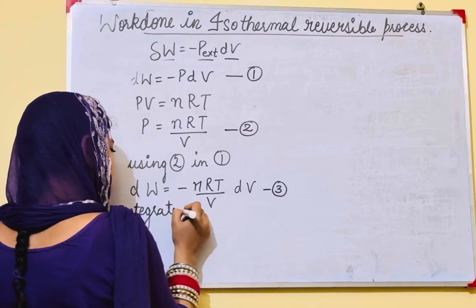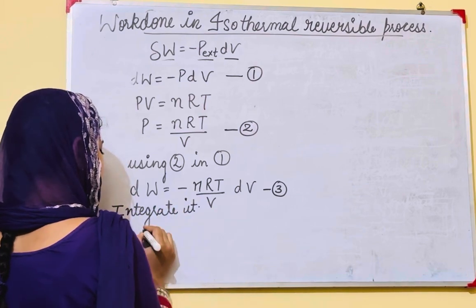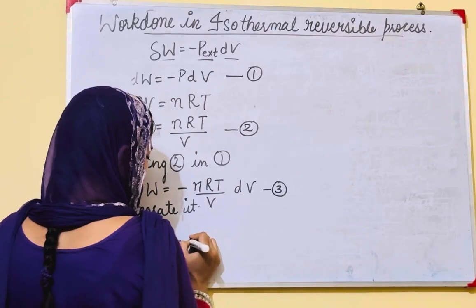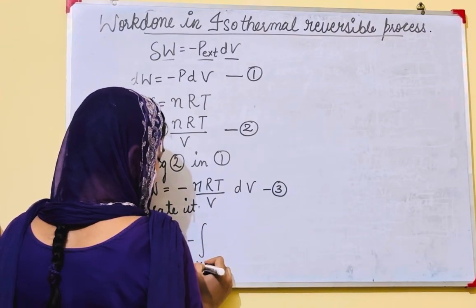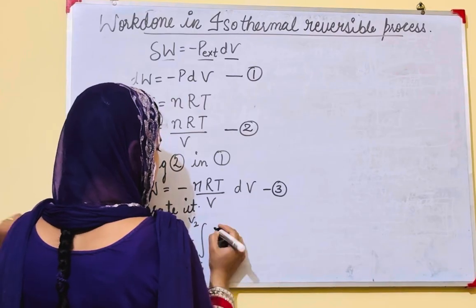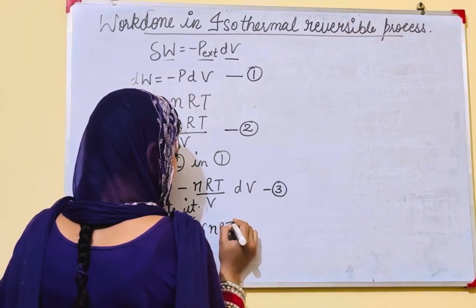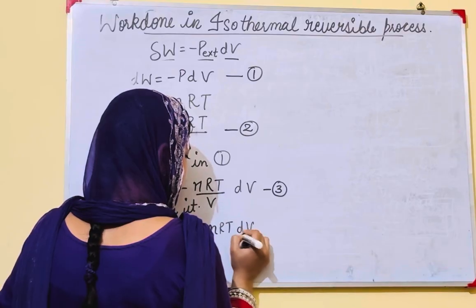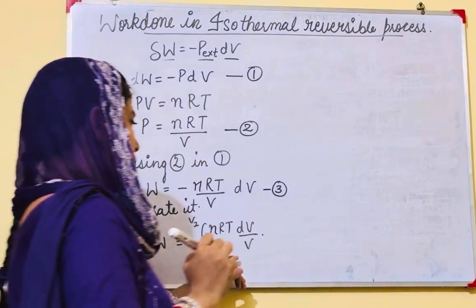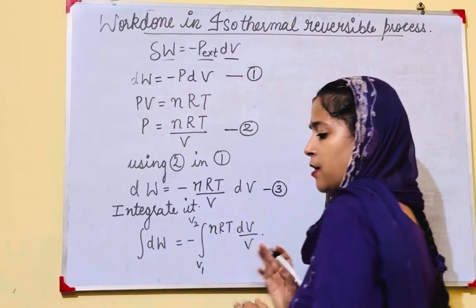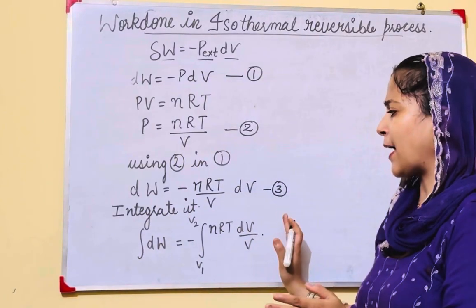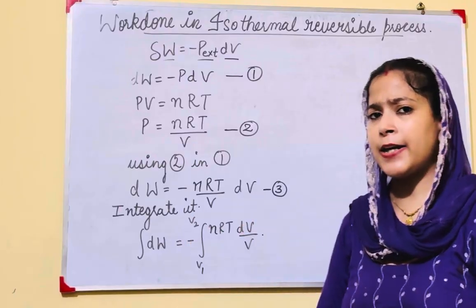Now integrate it. Integration of dW is equal to minus integration from V initial to V final, V1 to V2, of nRT dV over V. In the last derivation, I said that pressure is constant, so we wrote that pressure outside the integration sign.